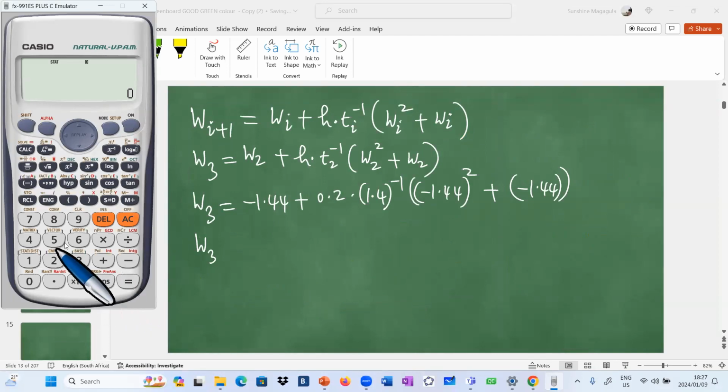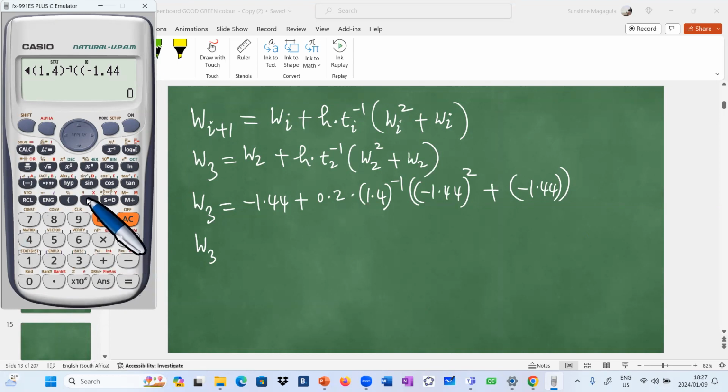So, for example, we have minus 1.44, 0.2, 1.4 minus 1, and then open parentheses, then you have this one minus 1.44.